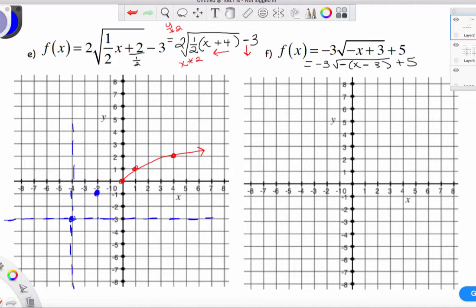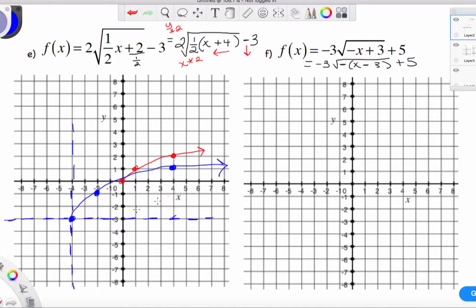So instead of going over 4, we're going to go over 8. 1, 2, 3, 4, 5, 6, 7, 8. Instead of up 2, we're going to go double that amount, which is up 4. 1, 2, 3, 4. Okay, so the original point was 4, 2. We double, we get 8, 4. And then we can go ahead and graph that.